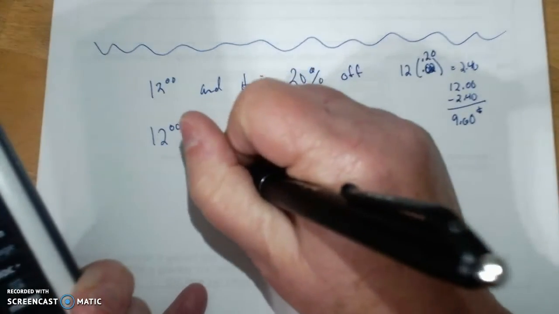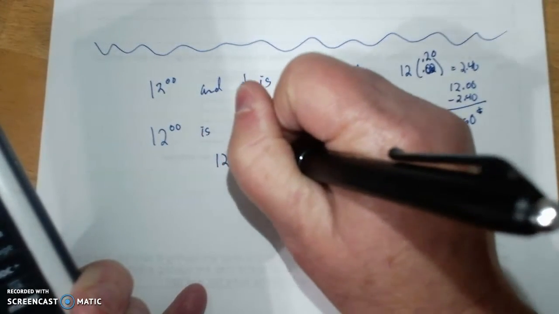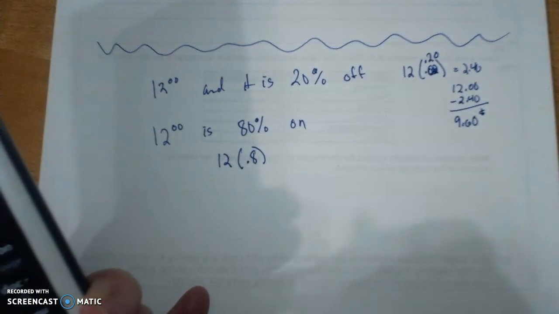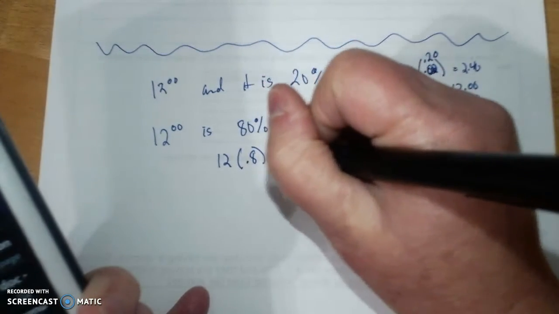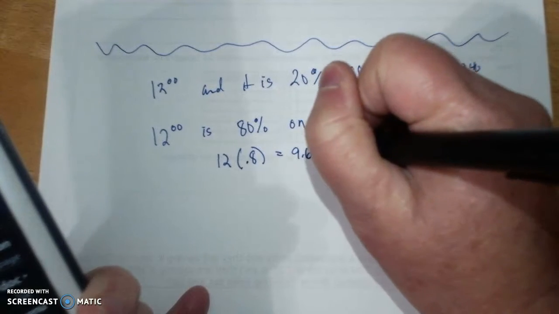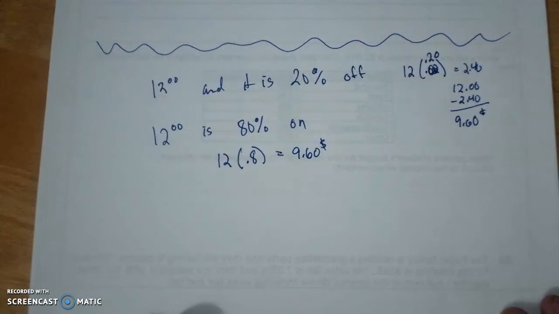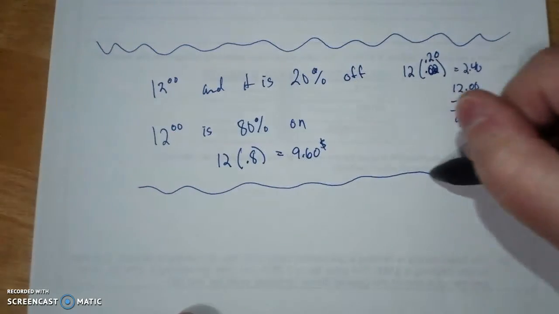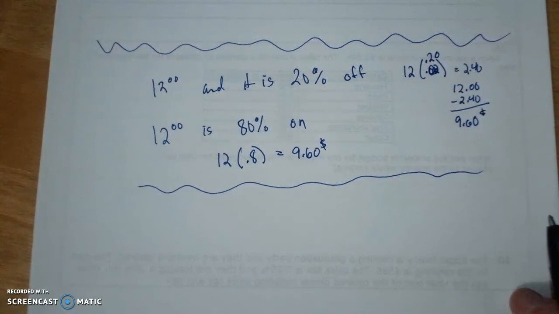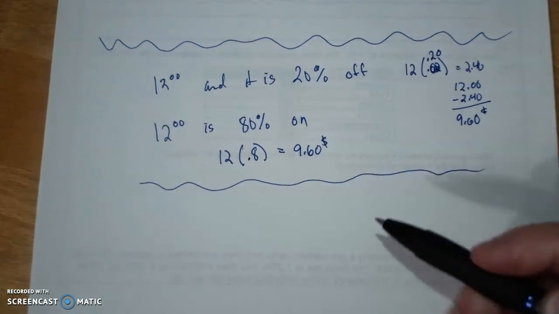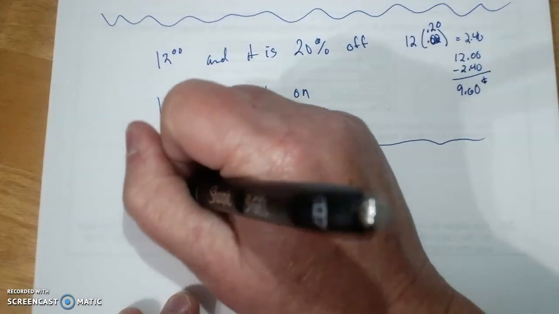Or I'm going to do 12 times 0.8, as 12 times 0.8 gives me $9.60. So if you ever have a percent off, you can easily do it by doing the percent on.